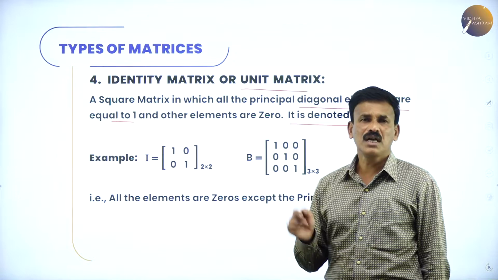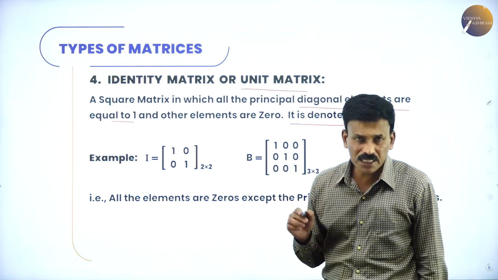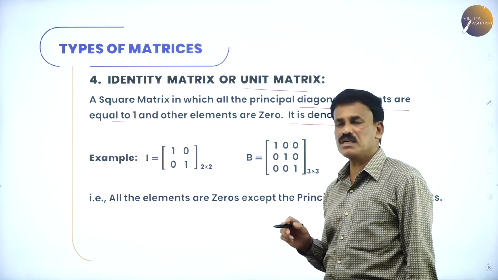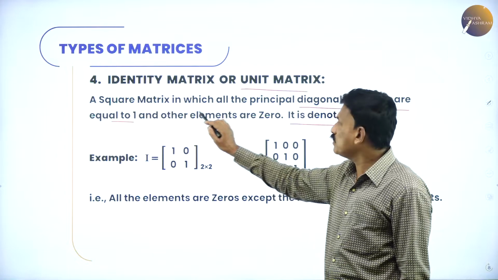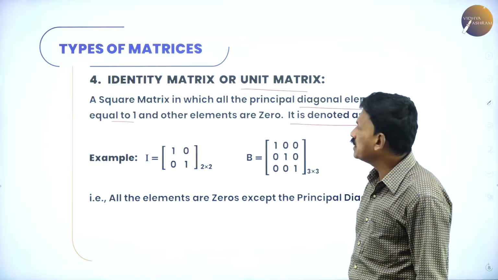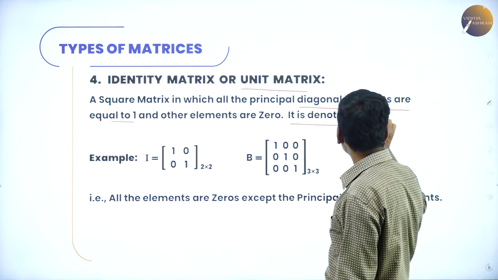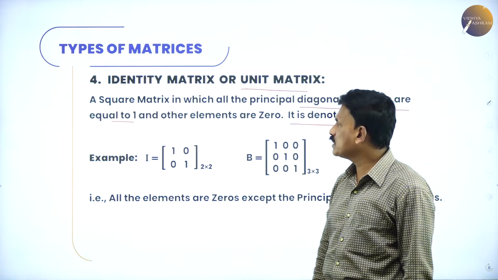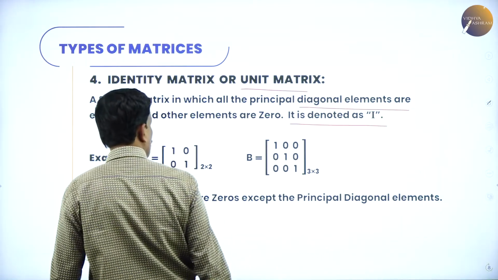Simple definition: an identity matrix is a scalar matrix in which all the diagonal elements are equal to 1. Or a square matrix in which all the principal diagonal elements are equal to 1 and the other elements are zeros, and it is denoted as capital I.